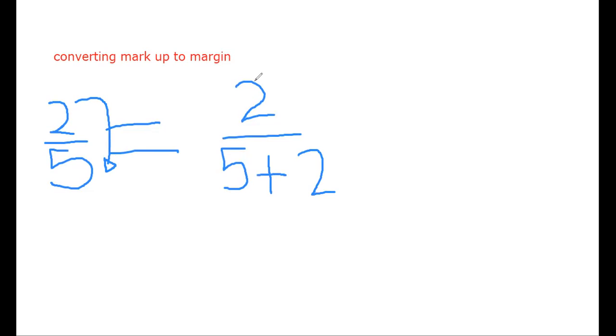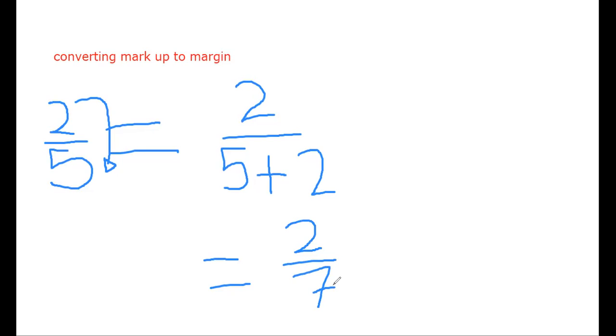So you have 2 over 5 plus 2. So your margin will be, therefore your margin will be 2 over 7. Do you understand?